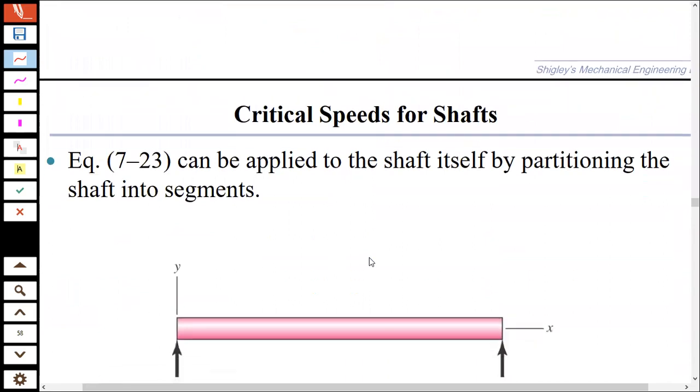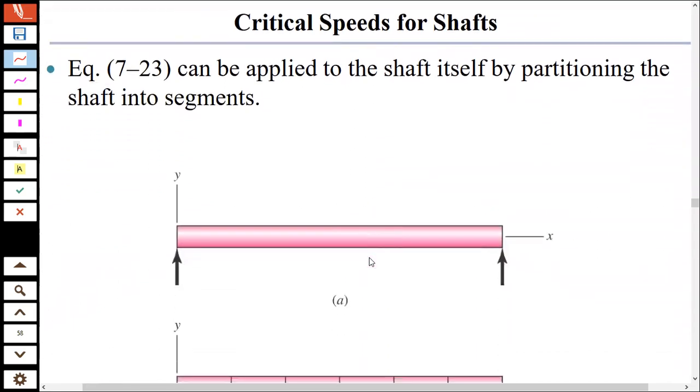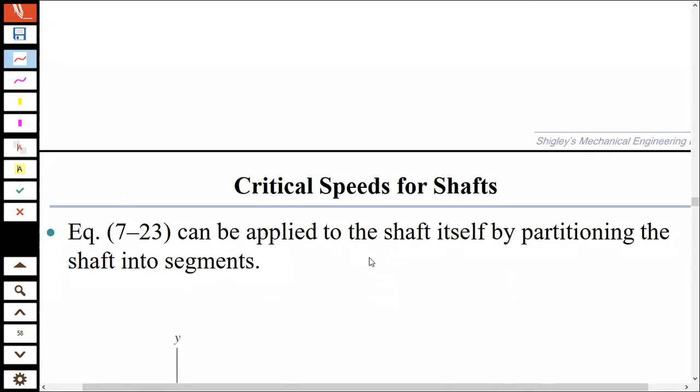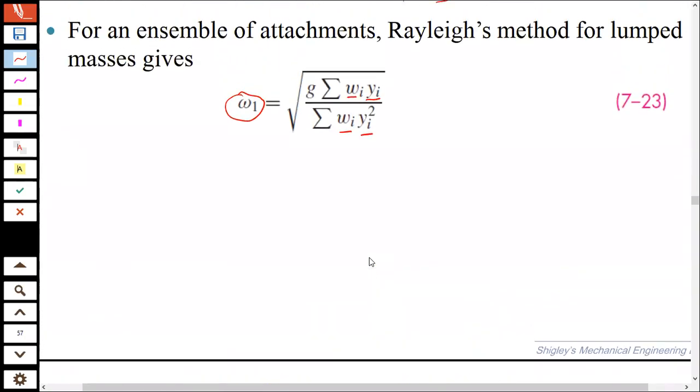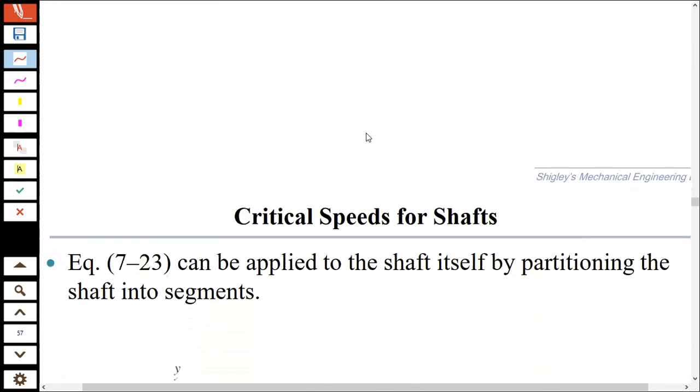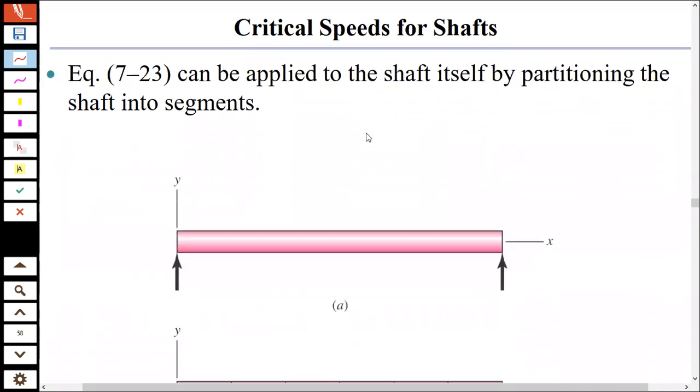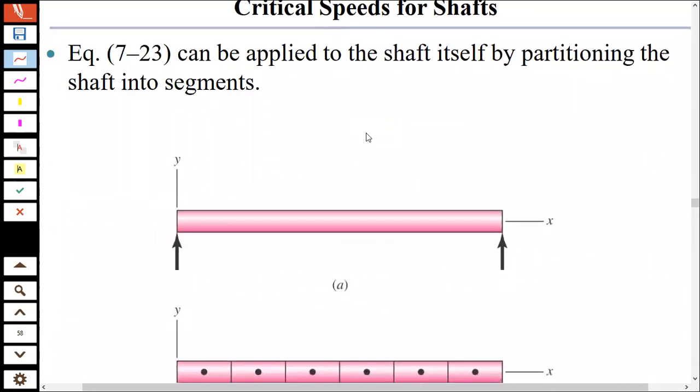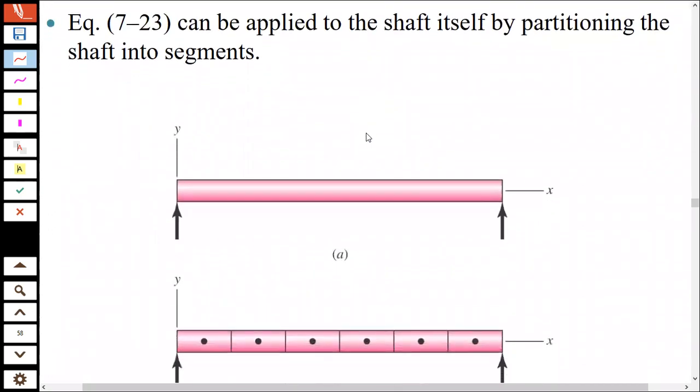For example, the critical speed for a shaft, equation 7-23, which is this one, the Rayleigh's method for lumped mass, can be applied to a shaft itself by partitioning the shaft into segments.